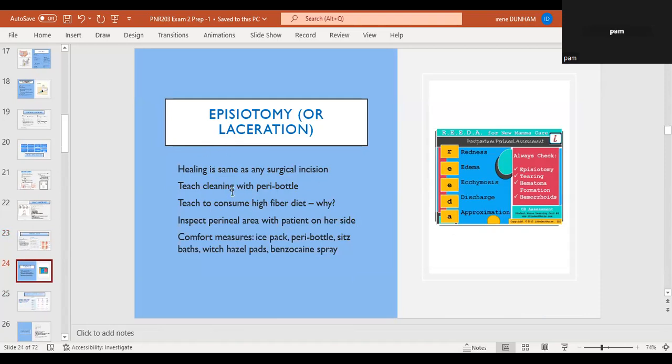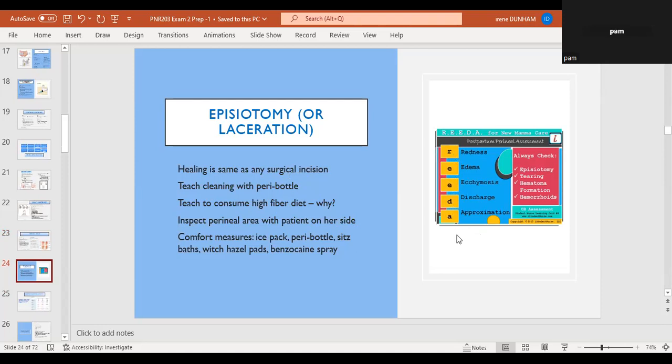All right, so what are you going to do? When you're a nurse on the postpartum mother-baby unit, you're going to have to remember that every time you look at the episiotomy or laceration, I want you to chart the following. We use this mnemonic. It's called REEDA, R-E-E-D-A.